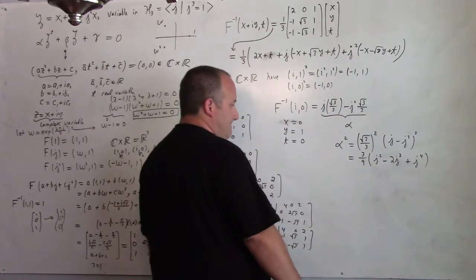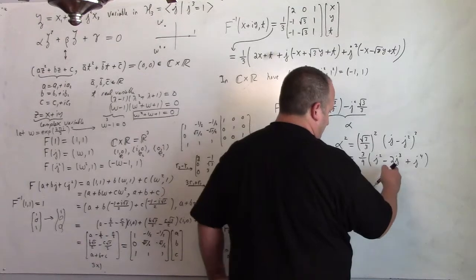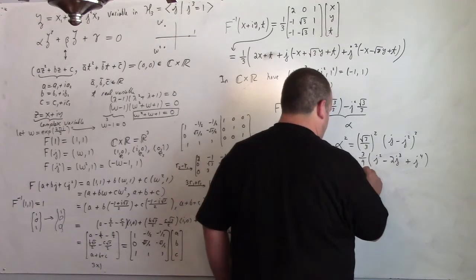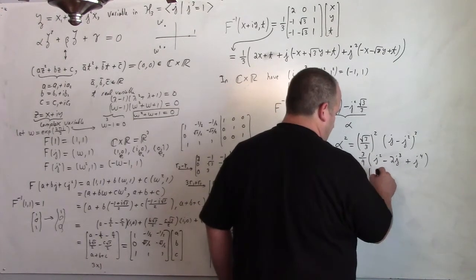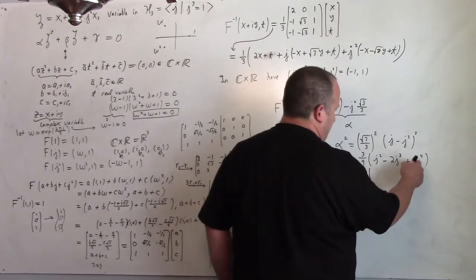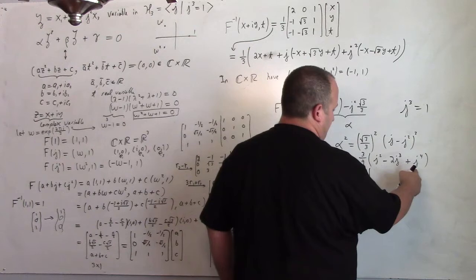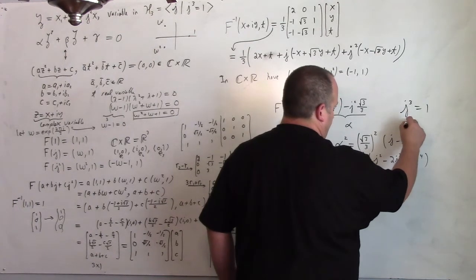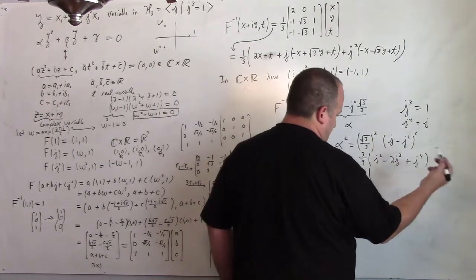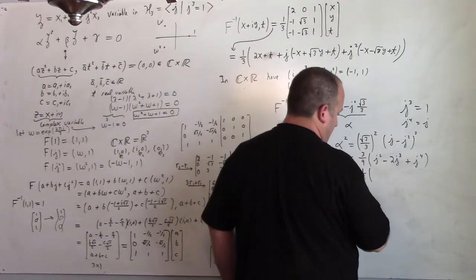So j squared we know, j to the 4th we know. j cubed is 1, right? And j to the 4th is j.